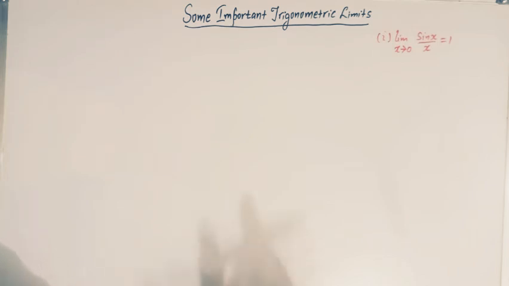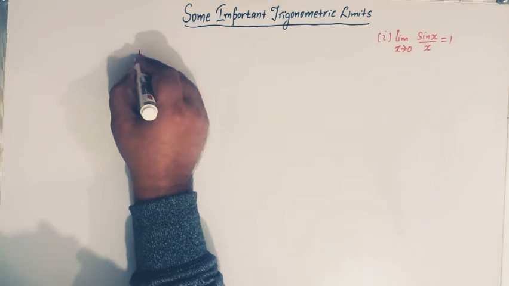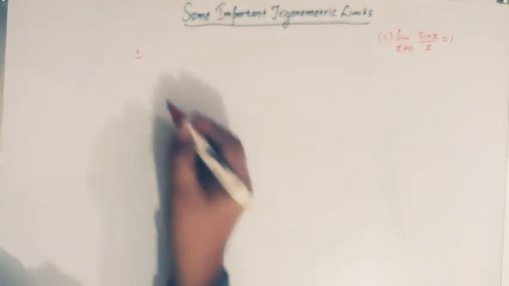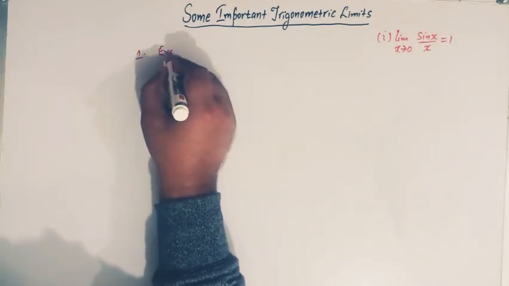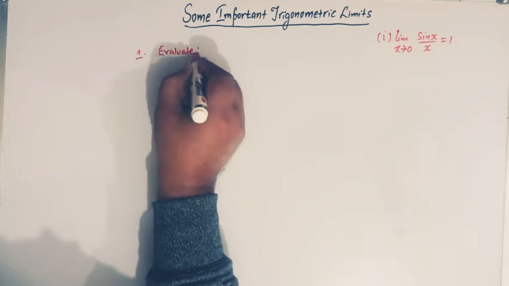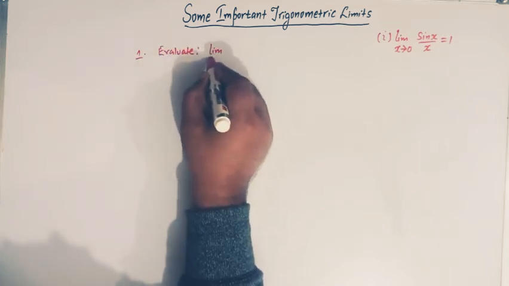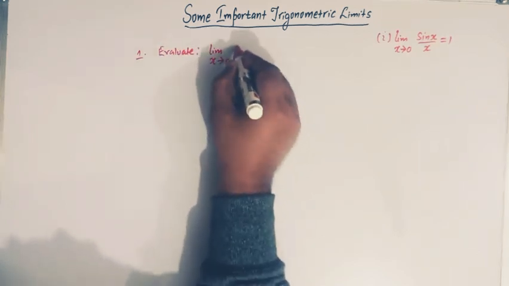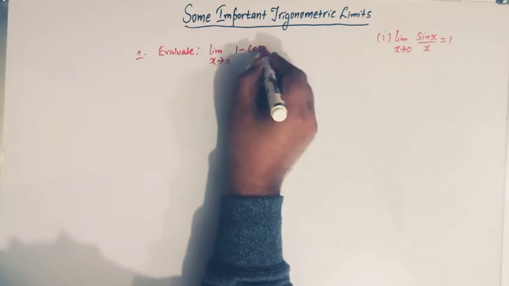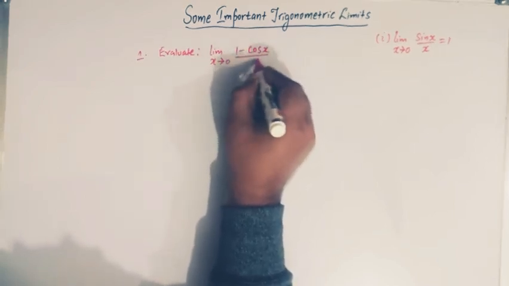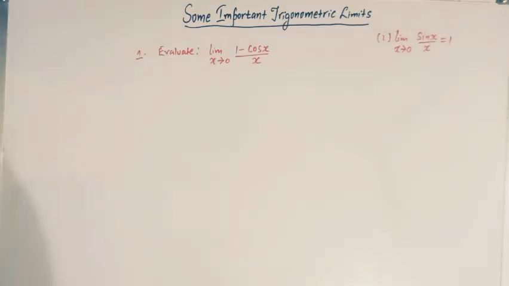So let us take the first one. Suppose we have to evaluate the limit x tends to 0, 1 minus cos x divided by x. So viewers, here we'll make use of some trigonometric results.